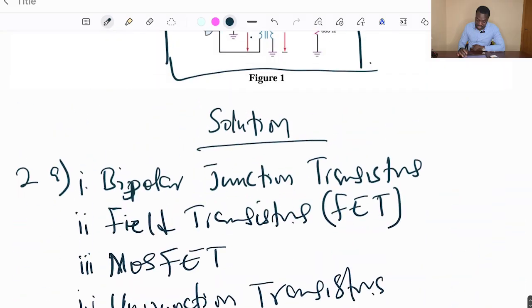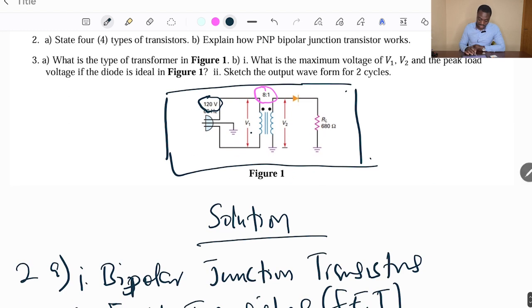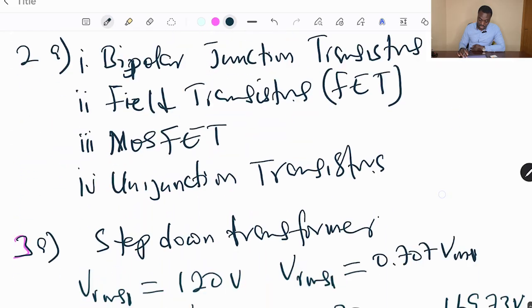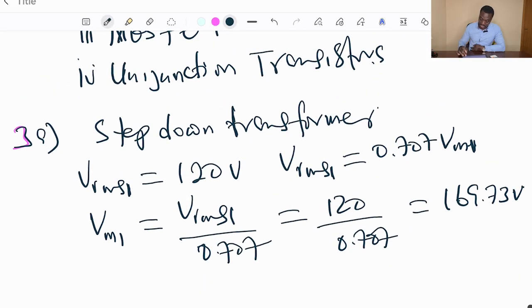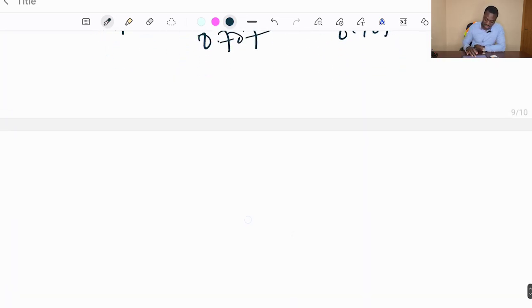To calculate for V2, there are two ways of going about it. You can first calculate the root mean square value for V2. So let's do that. The root mean square voltage for V2 is going to be found using the ratio.